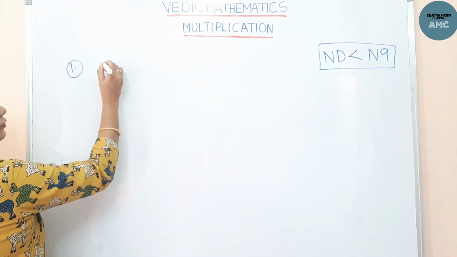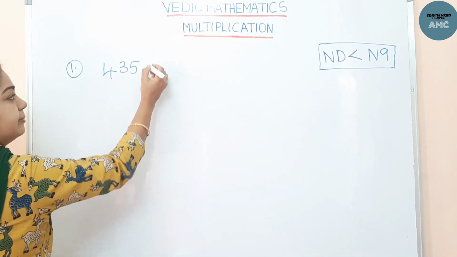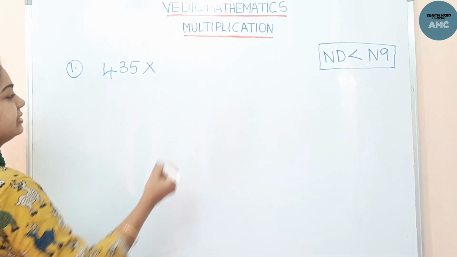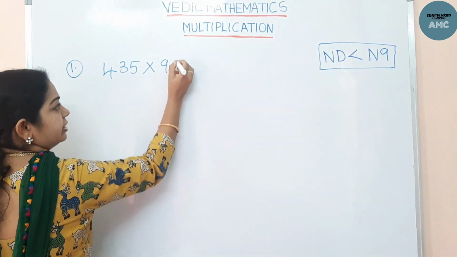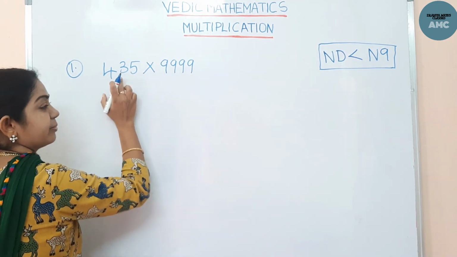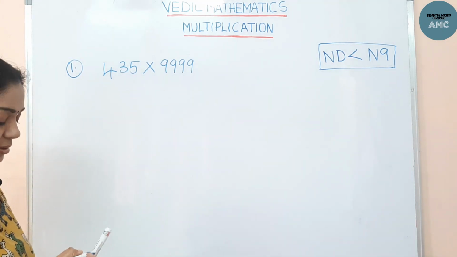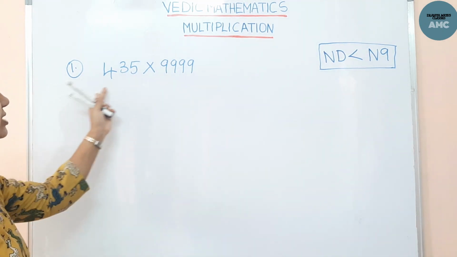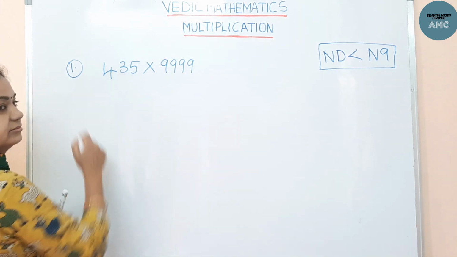Now 435 multiplied by, this must be less, so this is a 3-digit number, so I'll take a 4-digit number of 9s here. So clearly we can see the number of digits is less than the number of 9s. Now what do we do here? When the digits are not equal, then we can place a 0 here, right?